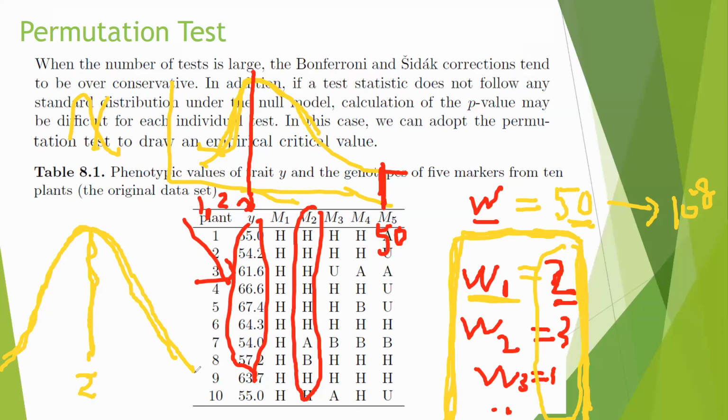If there's no association, you should get a distribution of the test statistic something like this. But your original test statistic is something like here. And this will give you an empirical p-value based on the permutation. Is that clear?